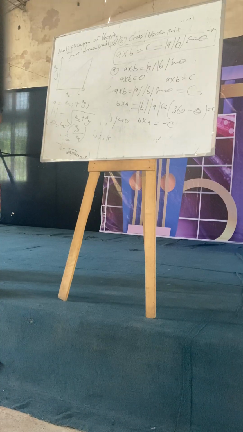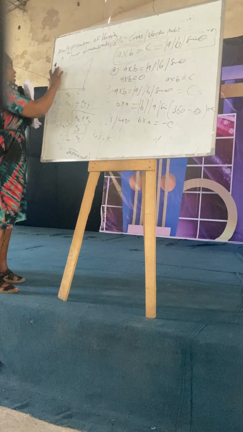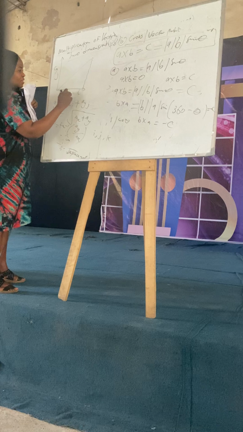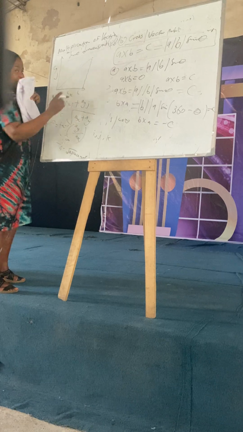Now let's see this example in your book. The magnitudes of the components of a vector C along the x and y axes are 8.7 Newton and 5 Newton. We have a vector C, no longer vector A, along the x and y axes. This is now Cy, and this is now Cx.